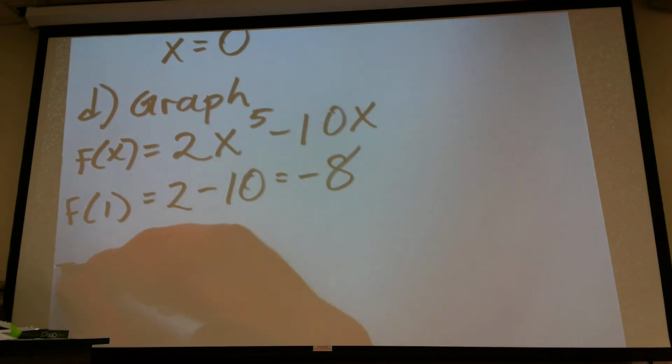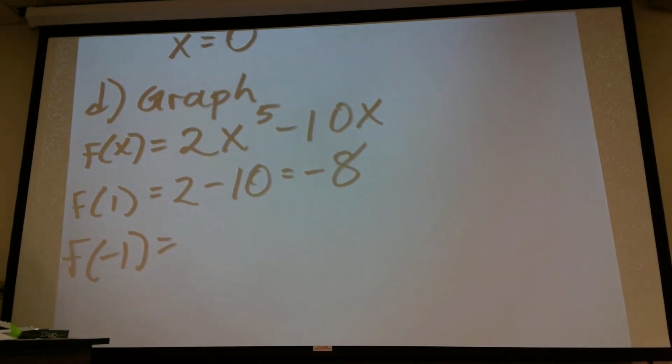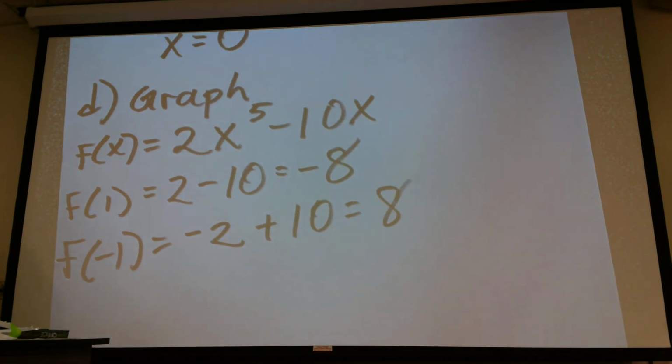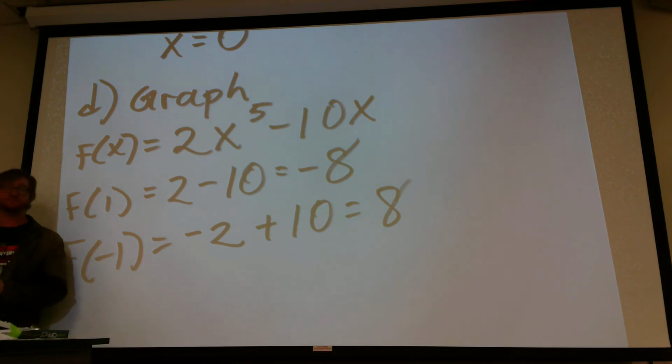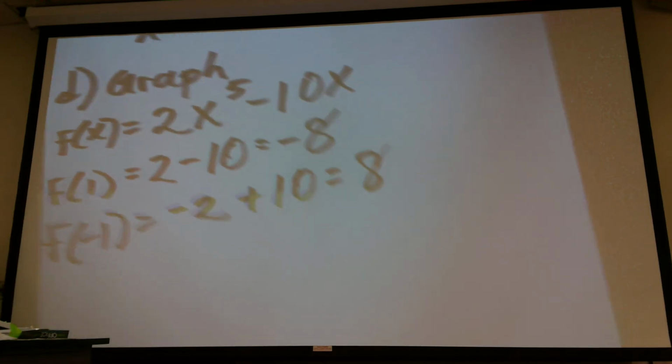And f of negative 1, if I plug negative 1 into that, I'm going to get negative 2 and then plus 10, which is going to be a positive 8. So let's graph those points.